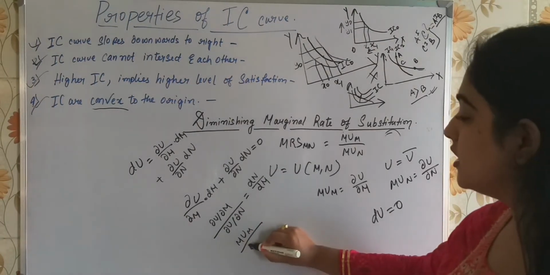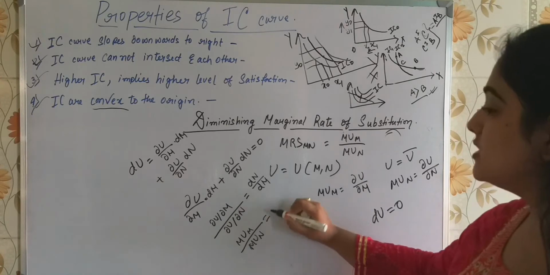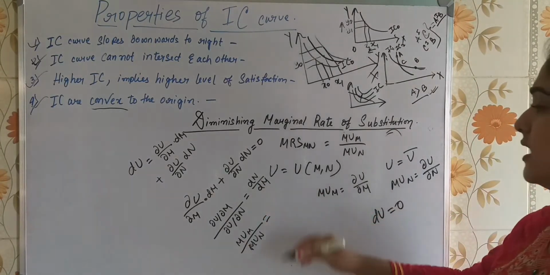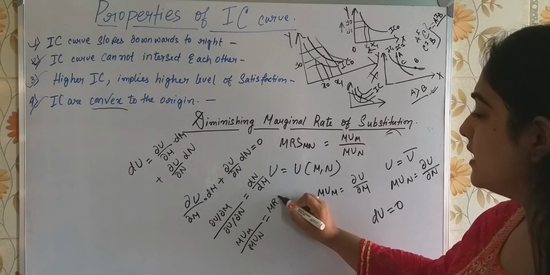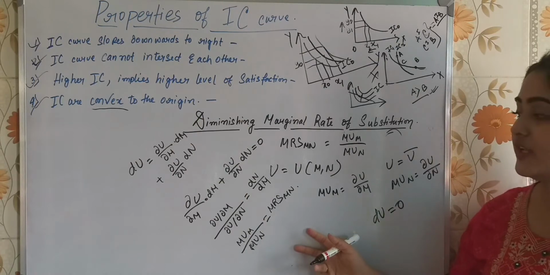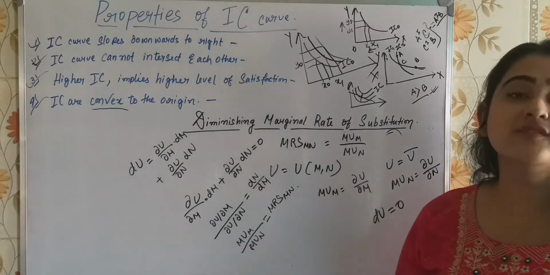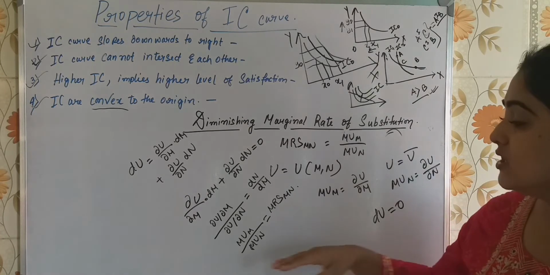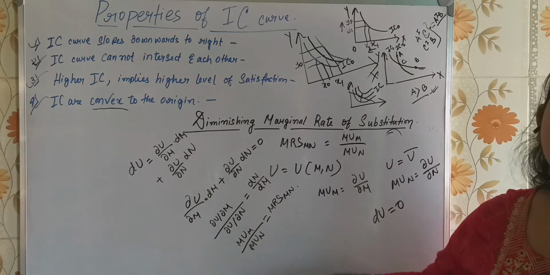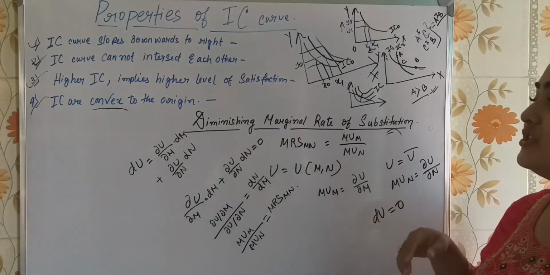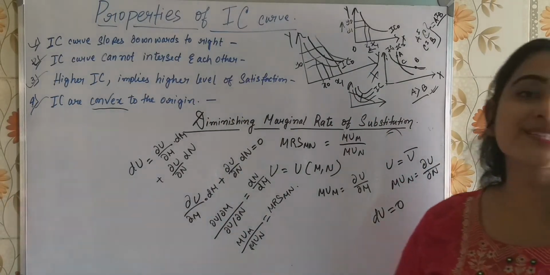It is marginal utility of n, which is equal to dn by dm. What is this? It is nothing but MRS of Mn. So we have proved here that the marginal rate of substitution of Mn is nothing but the marginal utility of m by marginal utility of n. So this was about the diminishing marginal rate of substitution.